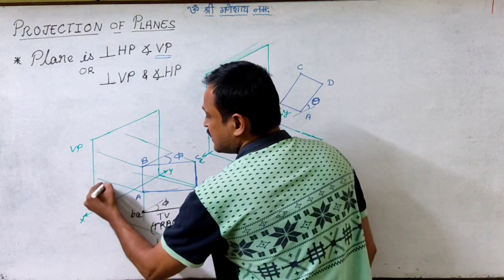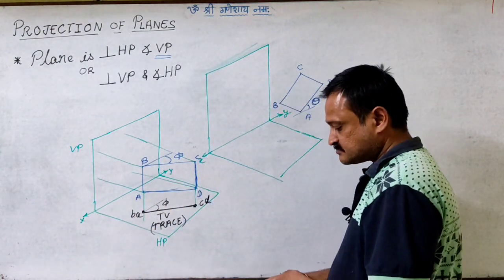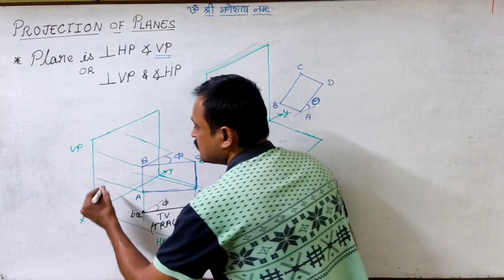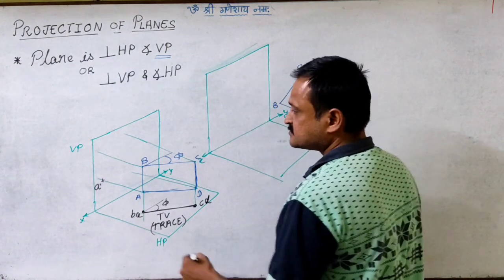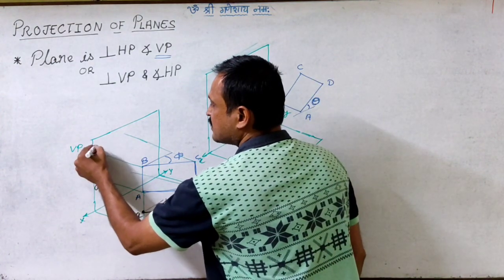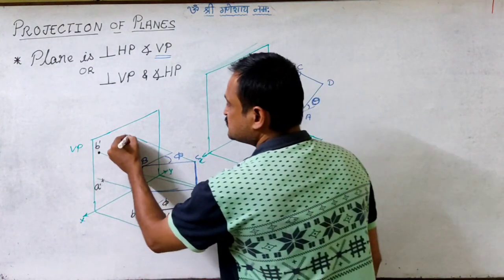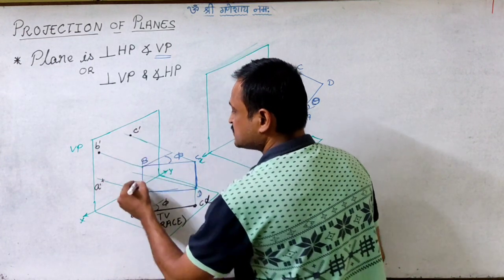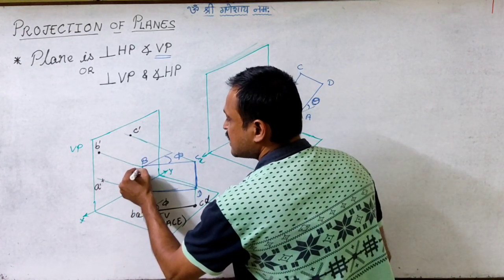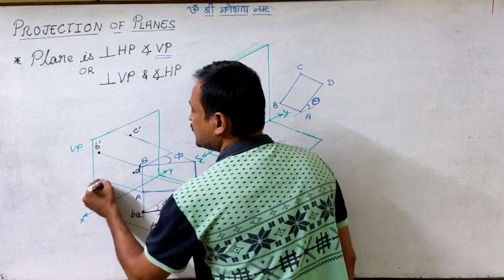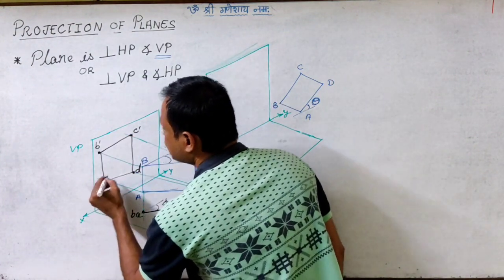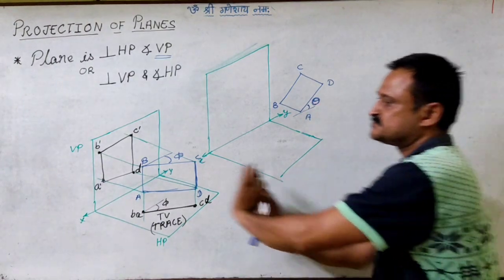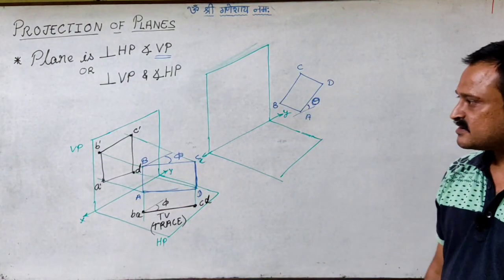So say I get the image of A here as A dash, image of B here as B dash, image of C here as C dash, and image of D here as D dash. So when I join A, B, C and D, I get the front view image of this plane, right?